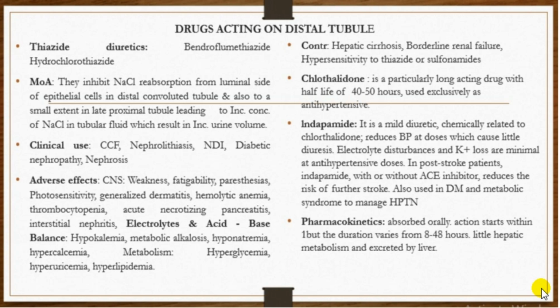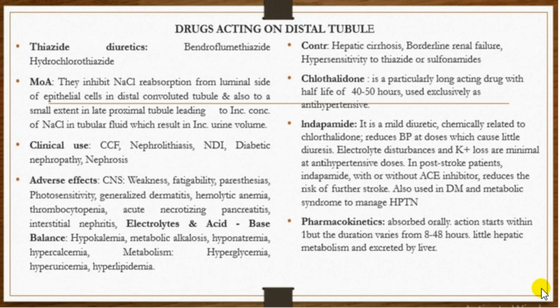Now we also witness that the diuresis reduces the plasma and the extracellular fluid volume by 5 to 15%, and this will lead to a decrease in the cardiac output, as we've studied earlier on. And since the cardiac output also determines the systolic blood pressure, once it goes down, blood pressure will also come down. Now, interestingly, the fall in blood pressure when we use thiazide diuretics develops gradually over 2 to 4 weeks.